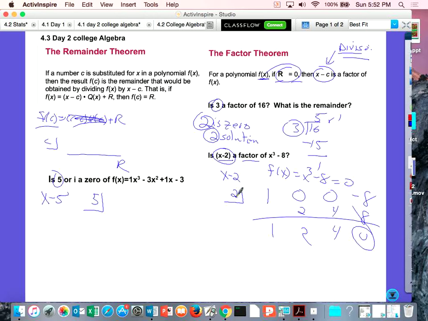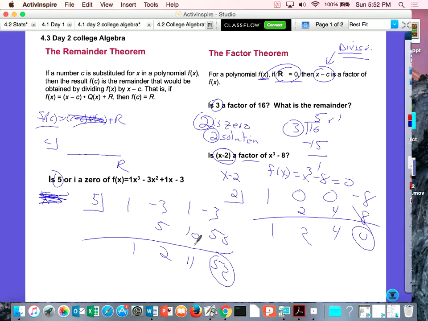That's when you go back and forth. So do we switch it here? No, you put that number in there. If you get a remainder of 0, then it is a 0 of the function. So is 5 a 0 of that function? No.